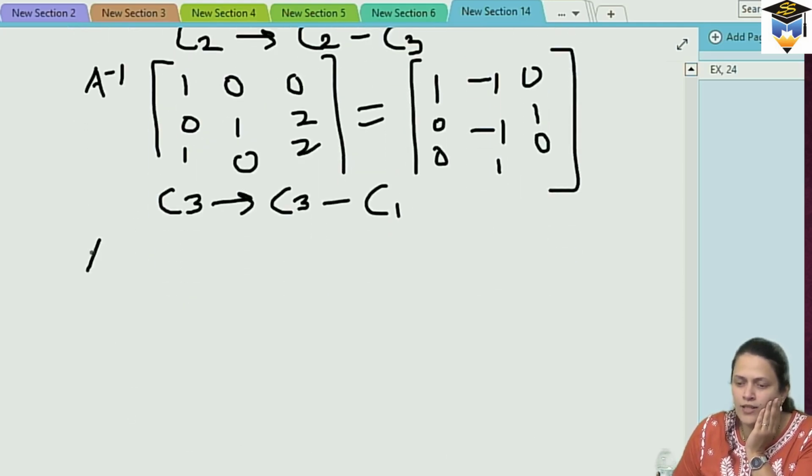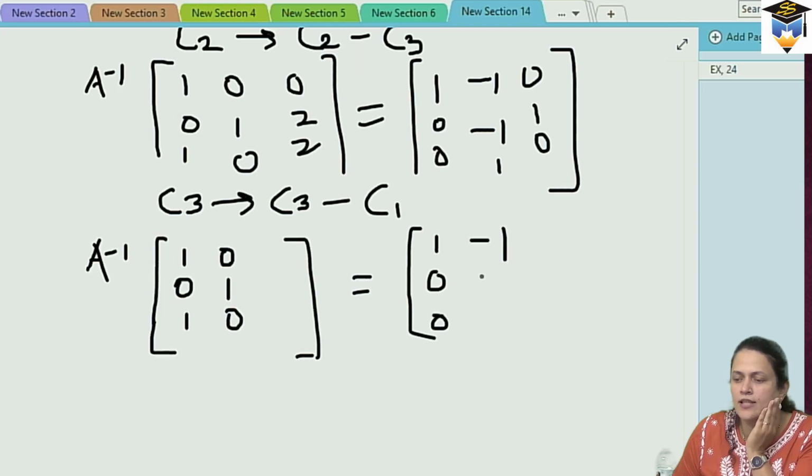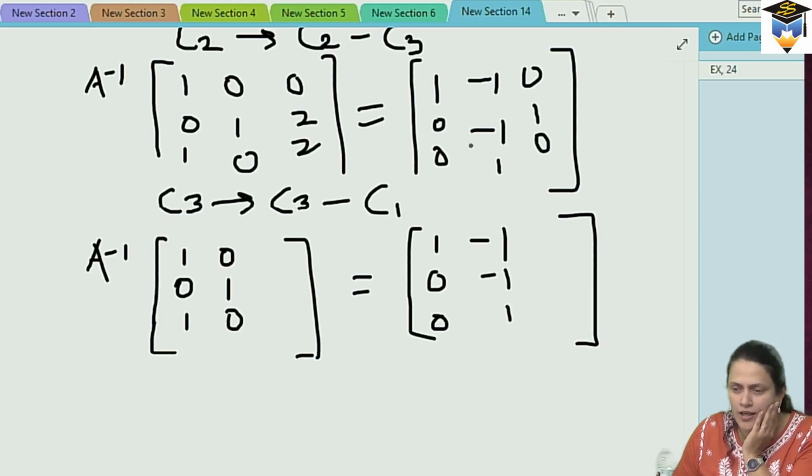So A inverse, C1 will remain as it is, C2 will remain as it is, and C3 is C3 minus C1. Here also C1 will remain as it is, C2 will remain as it is, and C3 will change. Okay. So 0, minus 1.